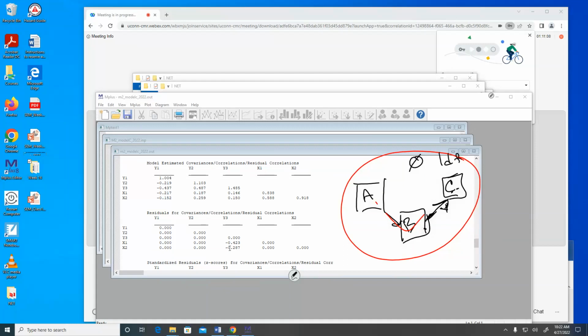freedom. And you can work it out and figure out what does that say about the model implied correlation? Let's just think about correlations. What does that say about the model implied correlation between A and C using the tracing rule? Let's say this is an A path and this is a B path.